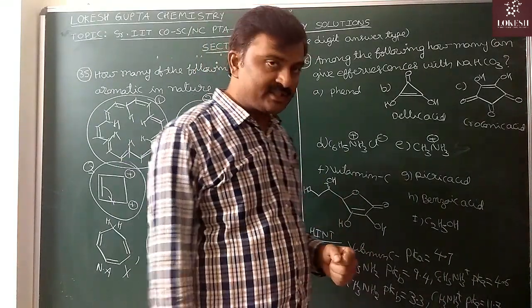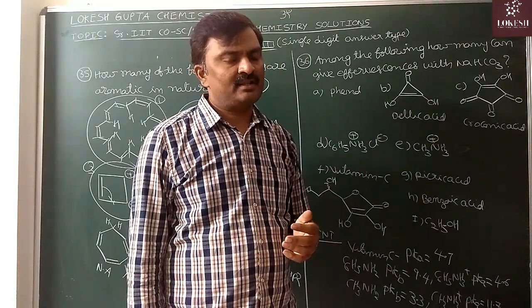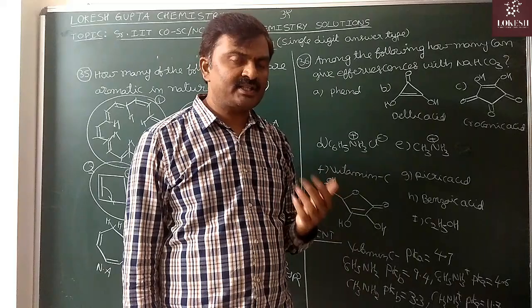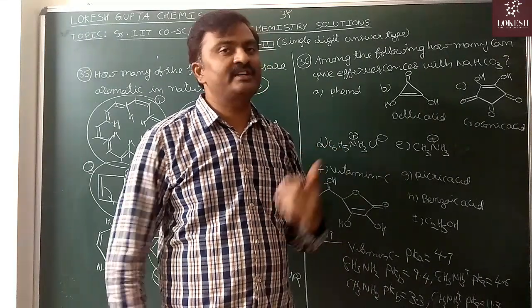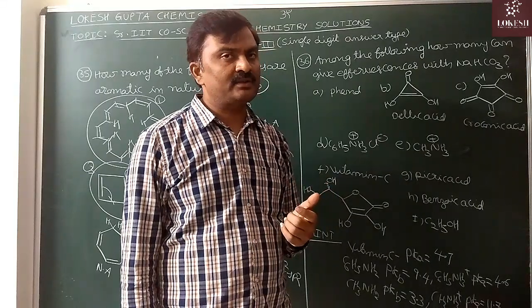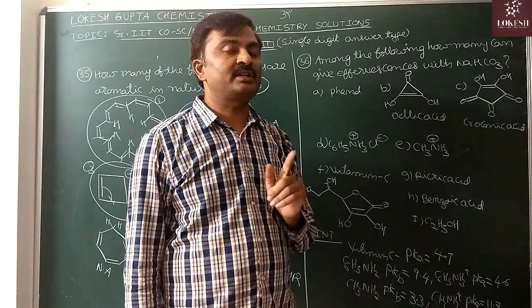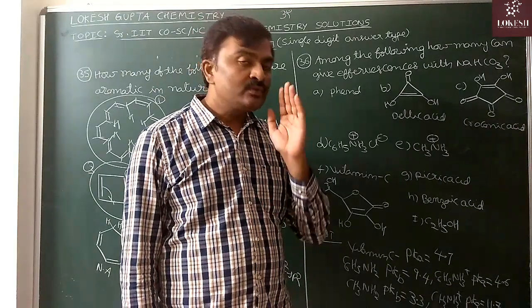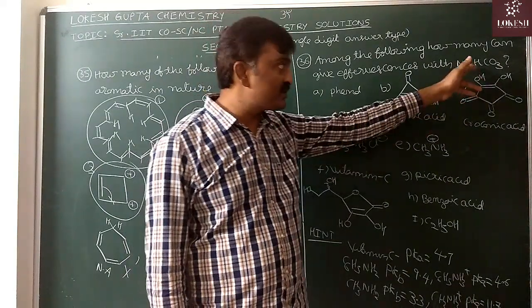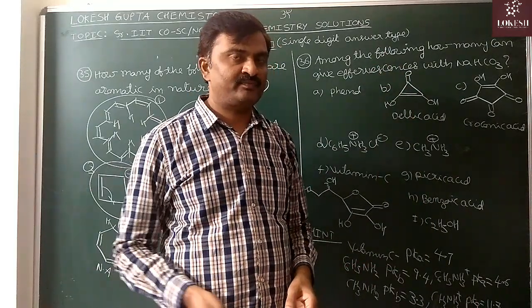Here, what is the logic? Any acid-base reaction is favorable in the direction of formation of the weaker acid and weaker base. Based on that logic, what conclusion can we give? Acids which are more acidic than H2CO3, carbonic acid, only such acids can decompose sodium bicarbonate and give effervescence of CO2 gas.